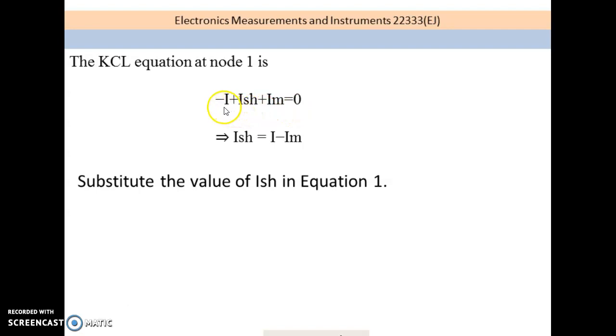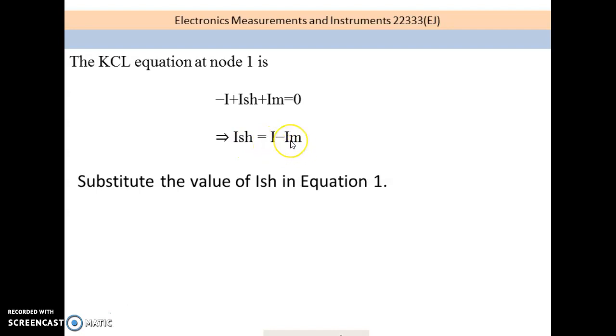Incoming current is shown negative, outgoing current is shown positive, and at this node the summation of all these currents is 0. That is why I wrote minus I plus ISH plus IM equals 0. This equation is rearranged in terms of ISH because ISH is the unknown value we want to find out. So ISH equals I minus IM.